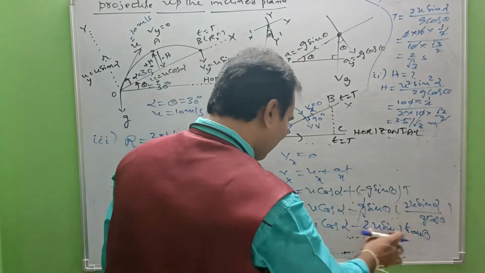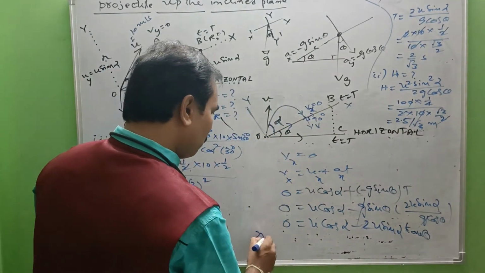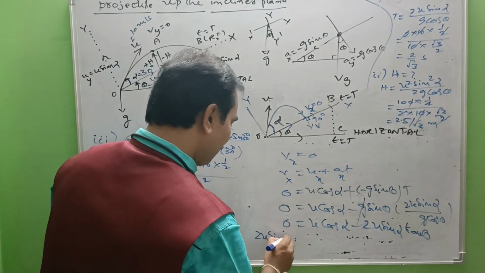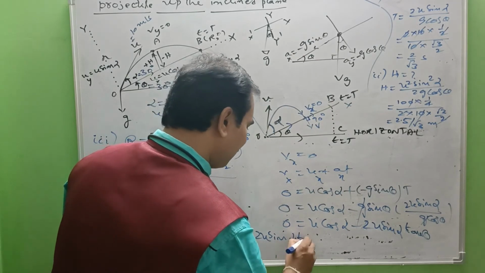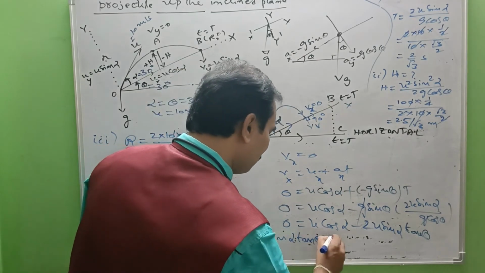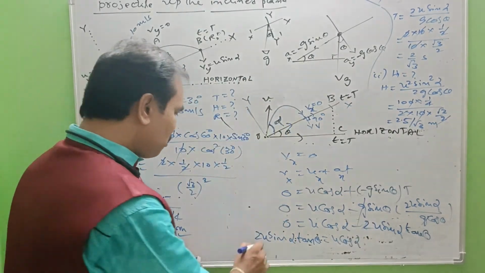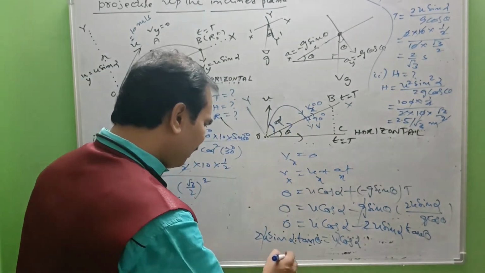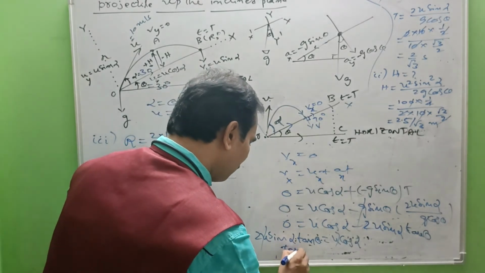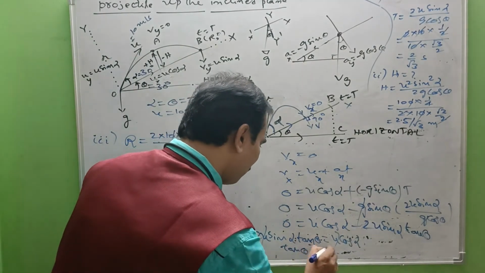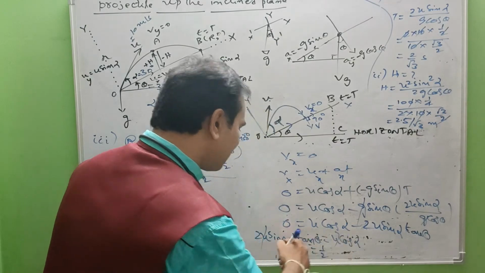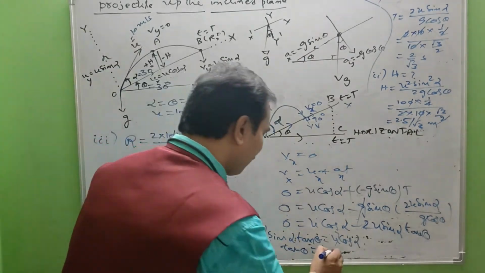Now take this term onto the LHS: 2u sin alpha tan theta equals u cos alpha. The u cancels here. Tan theta equals 1 by 2 into cos alpha by sin alpha, that is cot alpha.